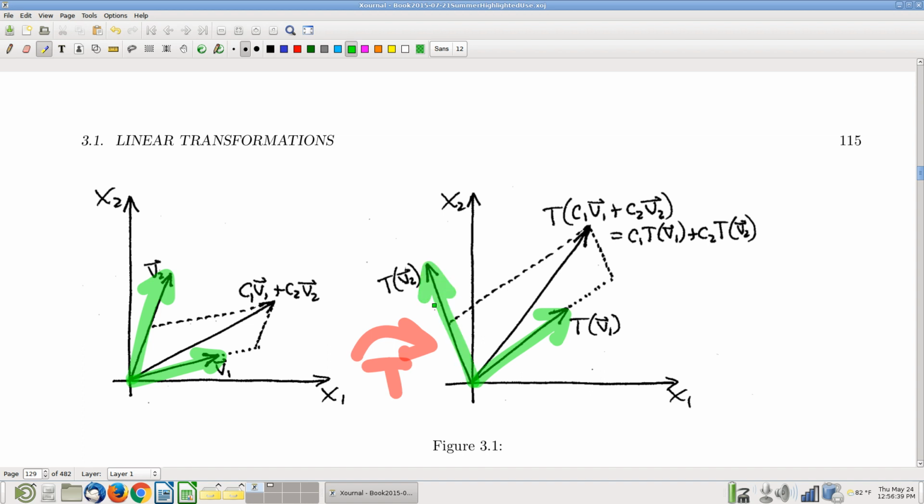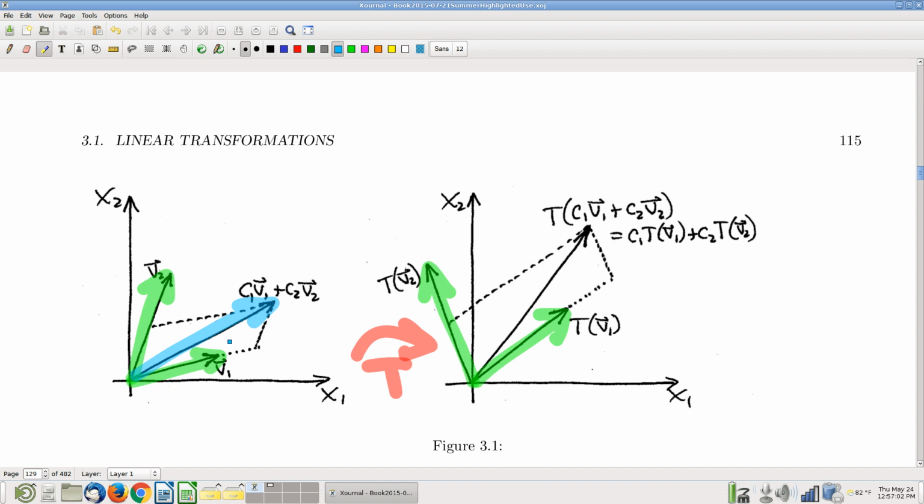So our requirement is that if you take some combination of v1 and v2, so now let's look at this linear combination here. The way I've got this drawn, this is about 3/2 v1 plus maybe about 1/2 v2. So this is a linear combination of v1 and v2.